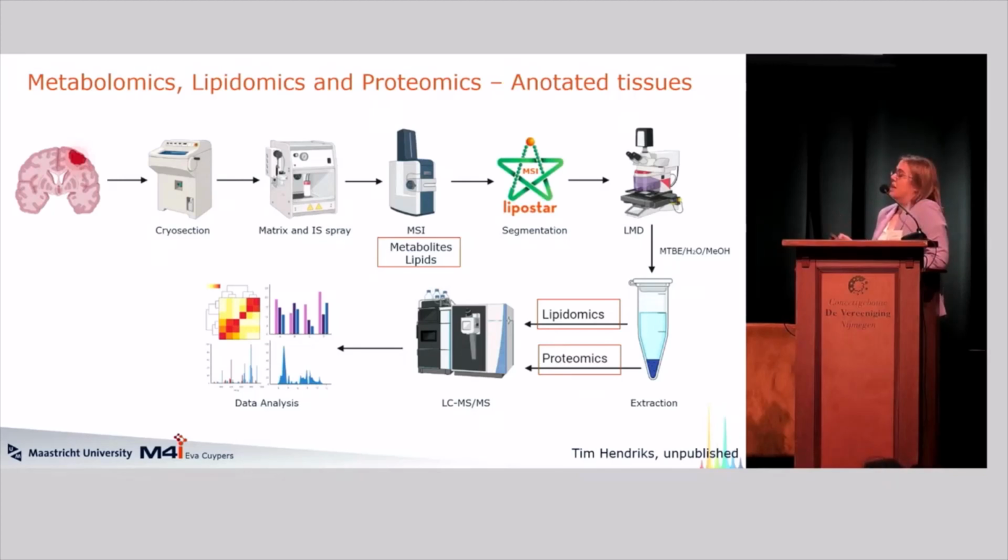Then we do an MSI to measure the metabolites and also the lipids, and we try to quantify the lipids wherever possible. Based on these mass spec images, we do an automatic segmentation, and this script is automatically translated to the laser microdissection microscope, where we can burn certain areas and extract from these areas the lipids and the proteins with LCMS.